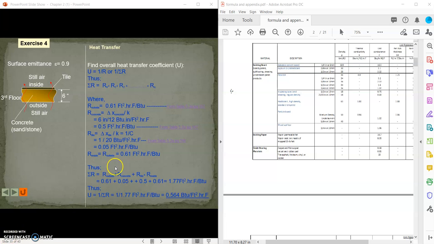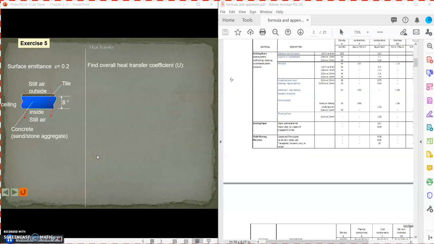Okay, let's go to the next question. Now the next question is exercise 5. This is quite different from the previous one. In exercise 4, the heat transfer is from downward to upward, but now it is from upward to downward.